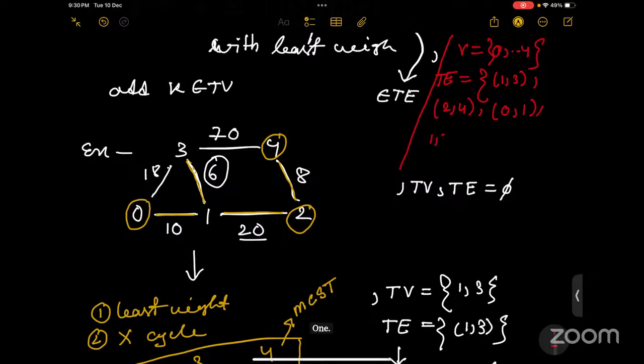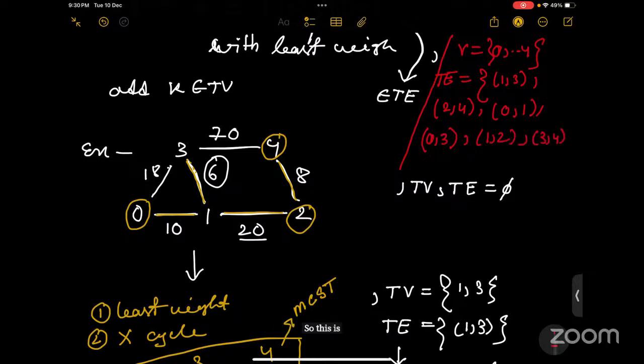We will list all the edges in that ascending order. First we will list all the edges. After this we will take 0, 3, right? Then 1, 2, then 3, 4, right? Yes. So this is the first step.